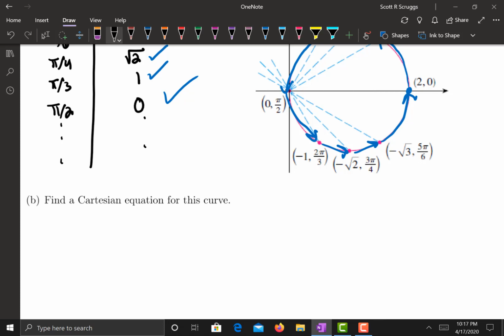So here's going to be my thought process. I know that x is equal to r times cosine of theta, which means I could quickly solve that and get that x over r should equal cosine of theta.